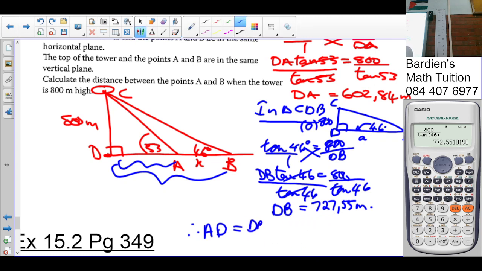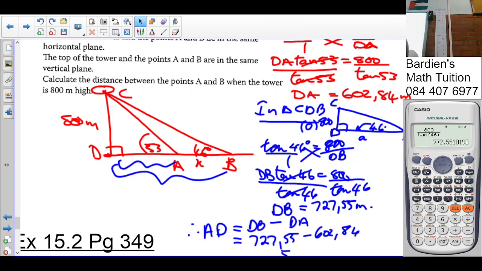So it's going to be 727.55 minus 602.84. So that gives us an answer of 169.79 meters apart.